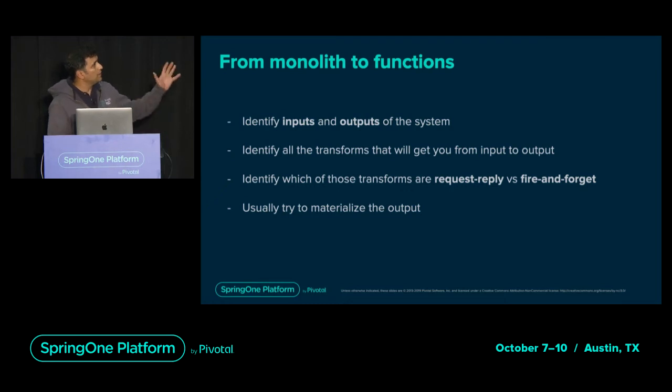For the inputs, you end up doing a bunch of things, right? You have to enhance the input. For example, if latitudes and longitudes are coming in, you identify the city where that coordinate is, and stuff like that. So you do enrichment. You also join multiple inputs, and that results in your output.